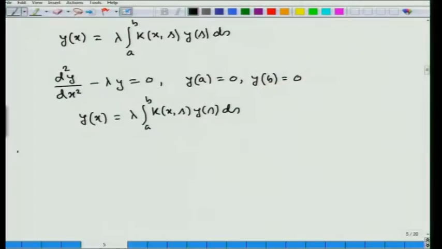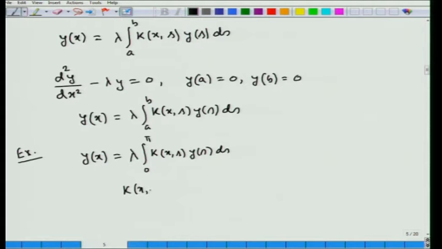So, for this purpose we consider the example y(x) equal to lambda times the integral from 0 to pi of k(x, s) y(s) ds, where the kernel k(x, s) is given by s times (pi minus x) divided by pi, and x times (pi minus s) divided by pi.